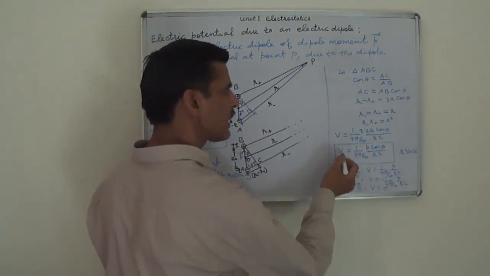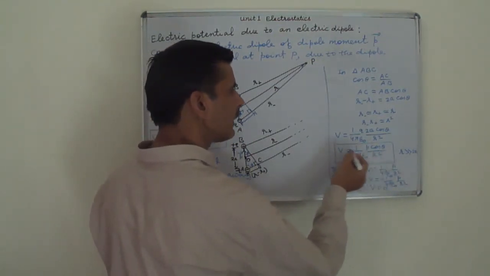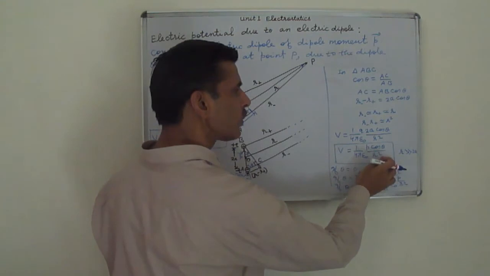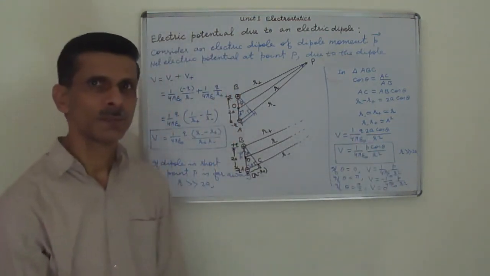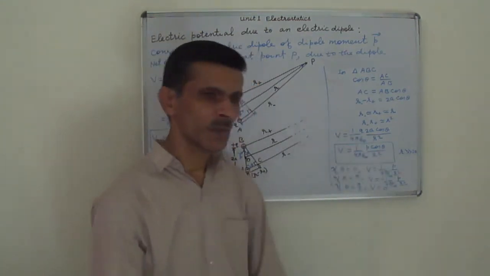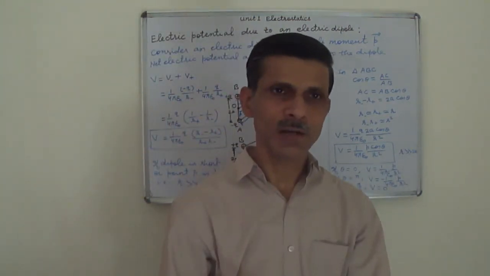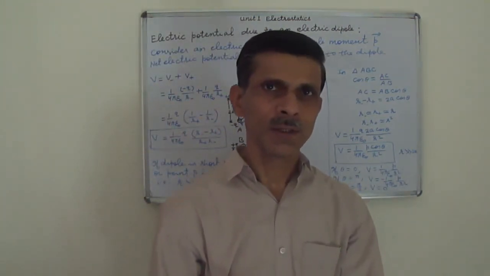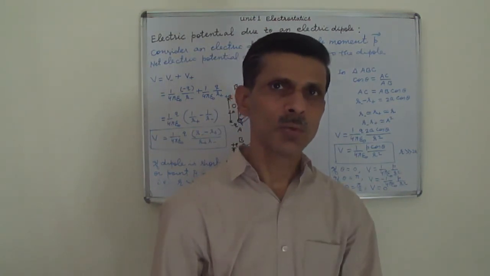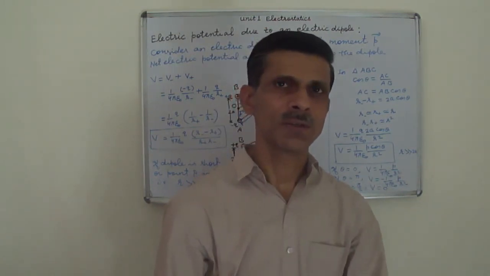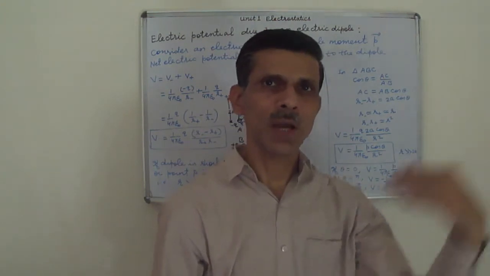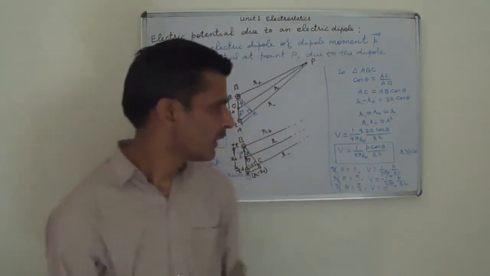Moreover, you can see potential due to dipole is inversely proportional to the square of the distance. You have seen in case of point charge, potential is inversely proportional to the distance of the point from the point charge.